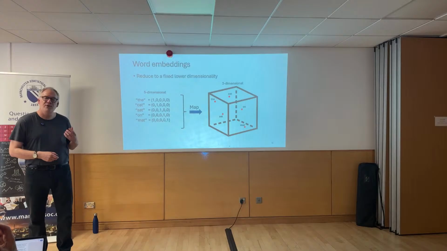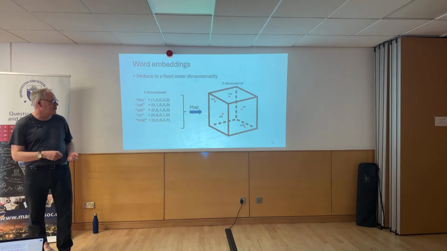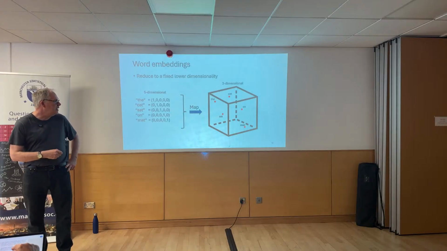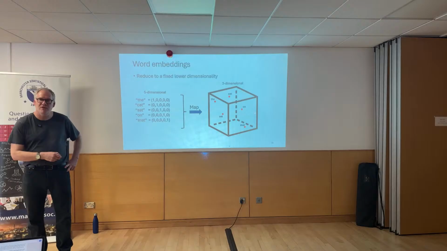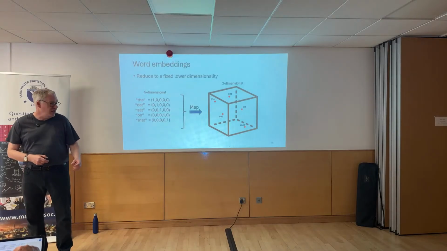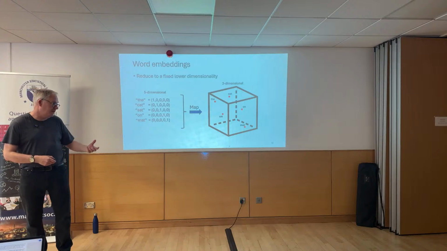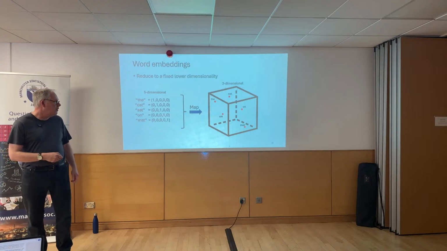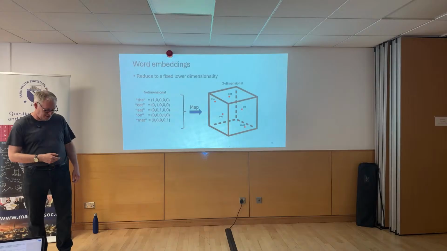I would still have 5 data points, but they now just sit inside a 3-dimensional space, a cube, if you like. And because we're taking the original data points of 5-dimensional vectors and mapping them down to inside that 3-dimensional space, we say we're embedding those data points inside that 3-dimensional space, hence the word embeddings. We're creating embedding vectors in this smaller space.